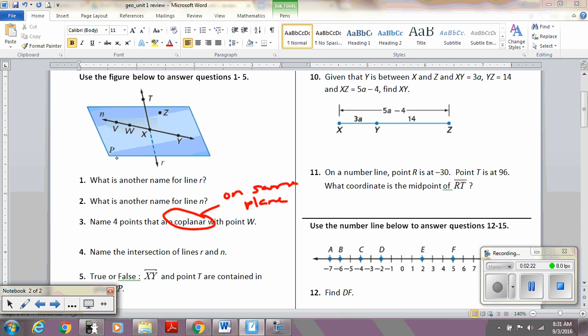So other points on this plane would be point V, point X, point Y, and point Z.